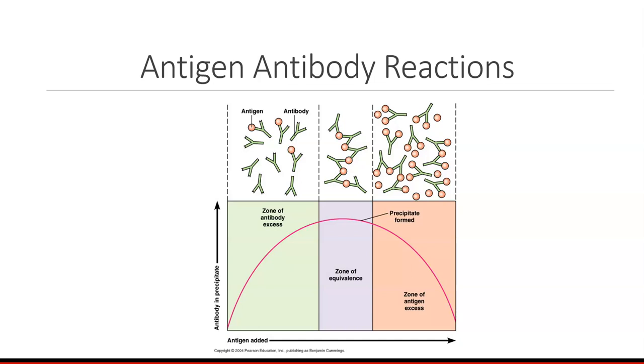It's not possible. So again, we don't get lattice formation. Zone of equivalence is what we're looking for. As you can see in this picture, there are two antibodies bound to an antigen, and then the same thing happens over and over to where we have lattice formation occurring.